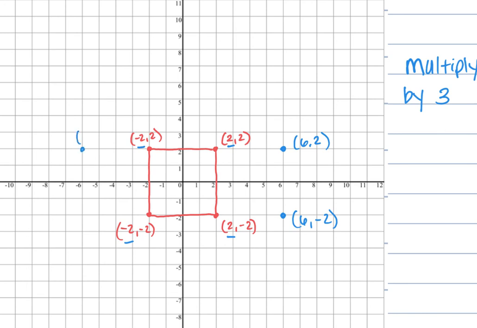Excellent. Negative 6, 2. And then the last point down here, bottom left, what would be the new point after we multiplied it by 3? Diana? Negative 6, -2. Perfect. Okay? Now, draw a new shape connecting those 4 blue dots.